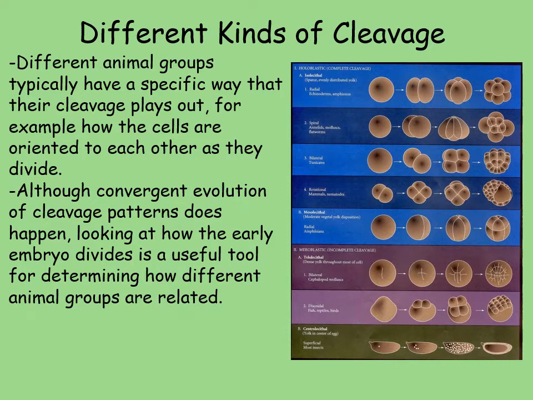And there have been examples of convergent evolution of cleavage patterns, but even so, it is useful to look at how these early embryos divide. It usually is more likely to stay the same than to change. So it is a pretty good but not perfect way of organizing relatedness, to look at the orientation of the cells as they go through this early cleavage.